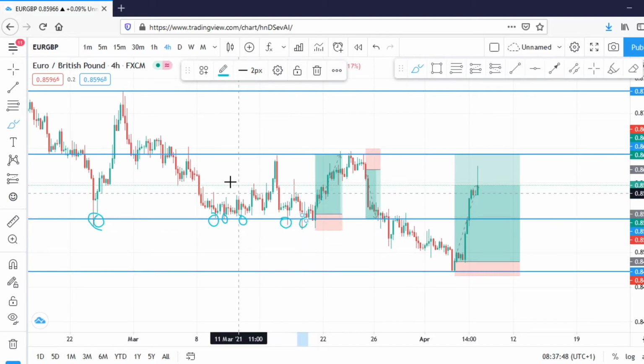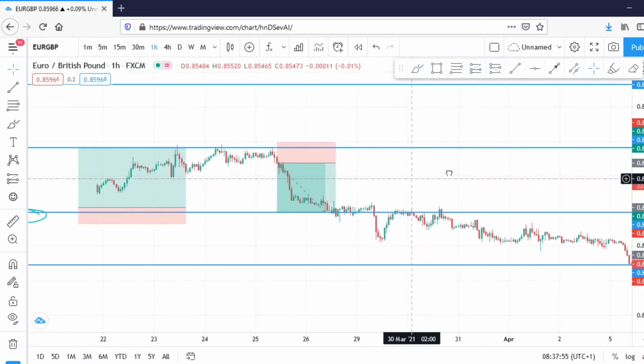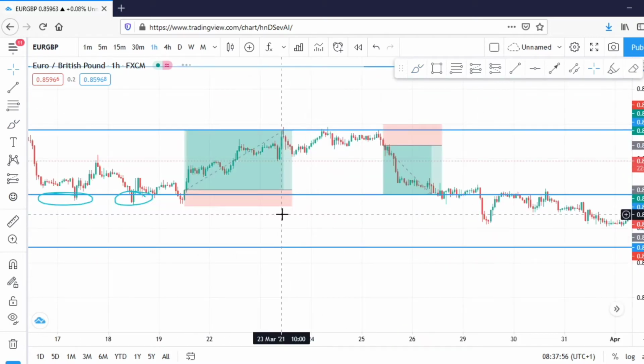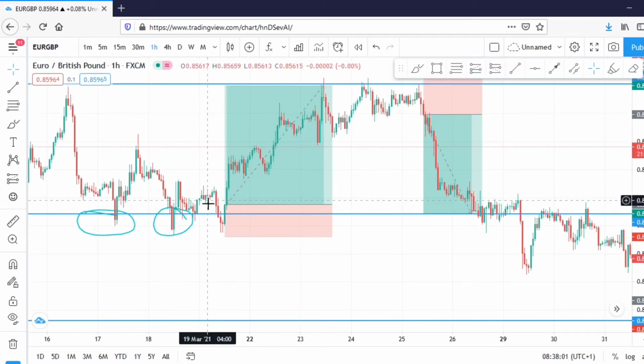So I entered on the 1 hour time frame. I waited for price to form this lovely evening star here.